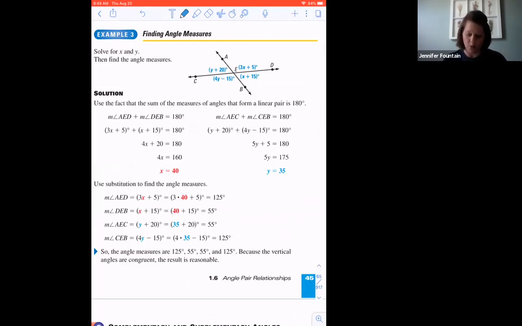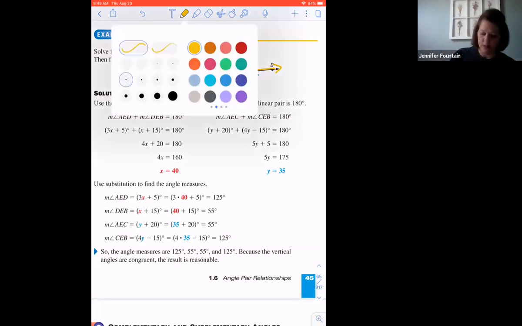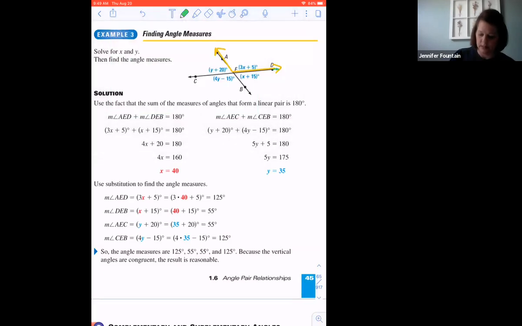So if we know that the measure of angle AED, so here we have AE, and actually let me get a different color so it'll stand out. So if we have AED, we know that one plus DEB.